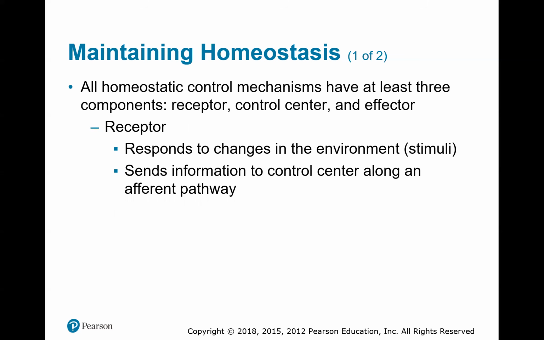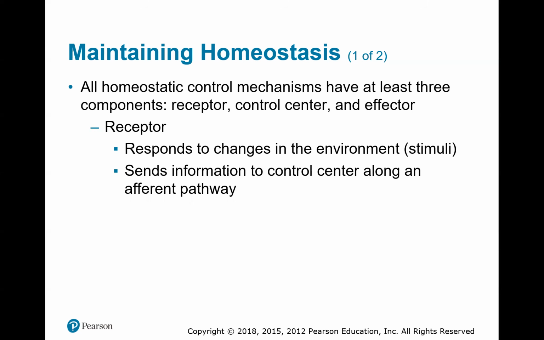So to maintain homeostatic balance, there are three components. There's a receptor that senses changes, and it sends that information to the control center. The control center says, I either like this change or I do not like this change. And depending on its decision, that will be sent out to the effector.